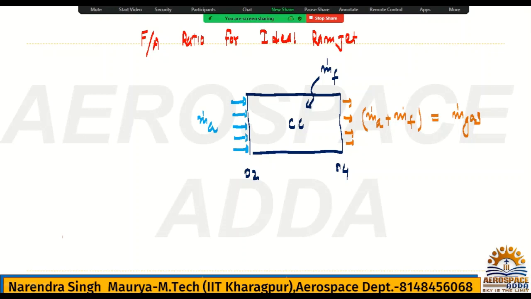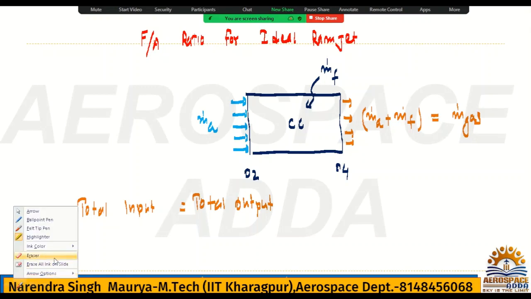So total input is equal to total output. This is the energy balancing. Many times I told you the energy equation.